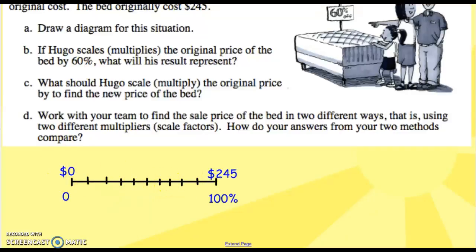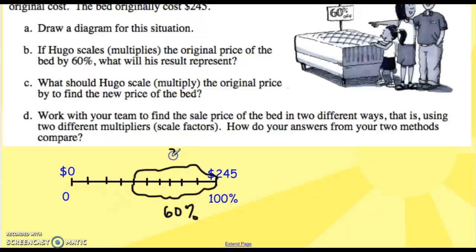Right? So then I have 60% off. If I'm going off, I'm going to start from the beginning here. I'm going to draw below actually. So 10, 20, 30, 40, 50, 60. So that's 60% off, and that's the amount of cost that comes off the price.